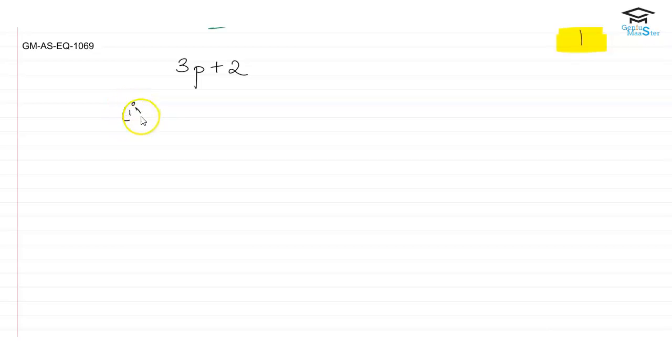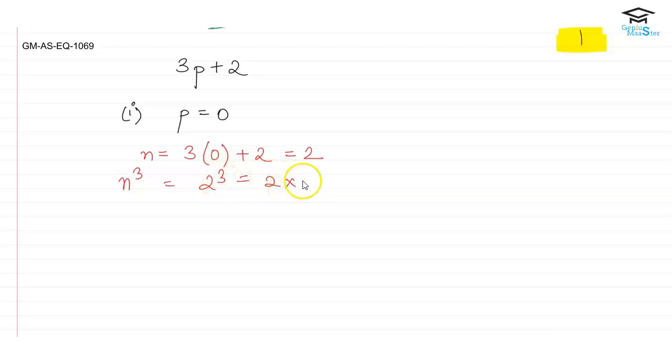So first we will find n by taking p as 0. 3 into 0 plus 2 is equal to n. So 3 into 0 is 0, 0 plus 2 is 2. Now we will find n cube, which is 2 cube.